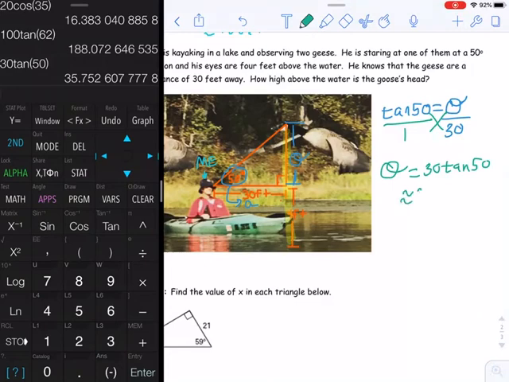So the opposite side is about 35.6. Now the height of the goose's head, this total height is just going to be 39.6 because we had to add the 4 feet, and that's the answer.